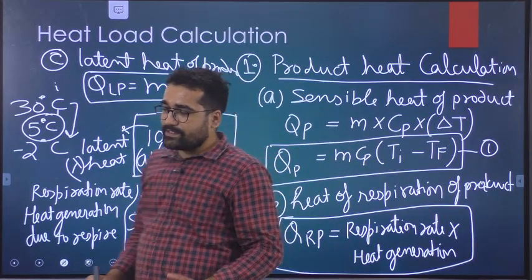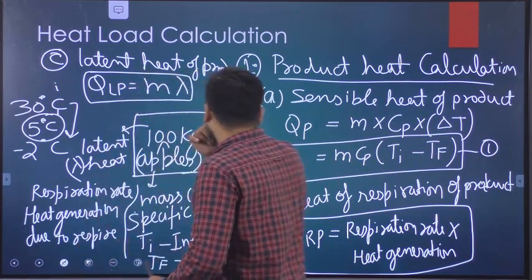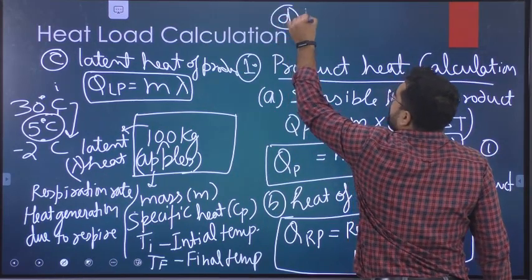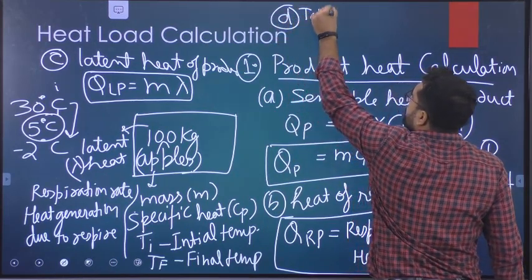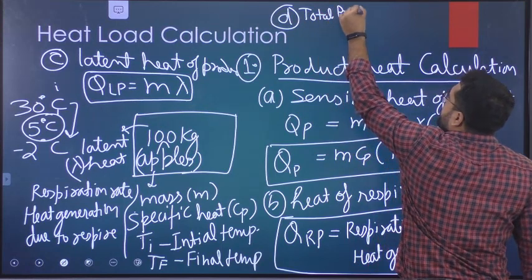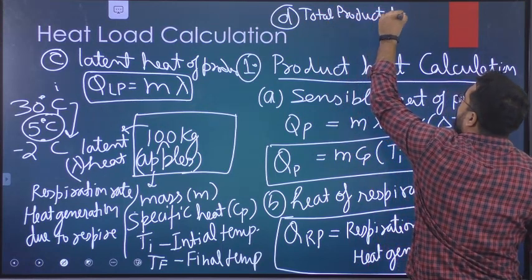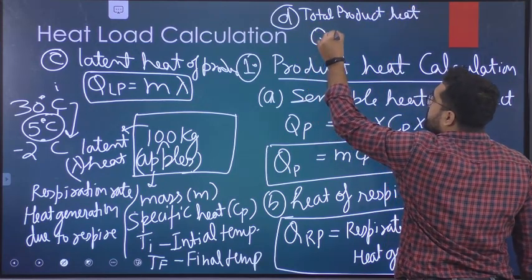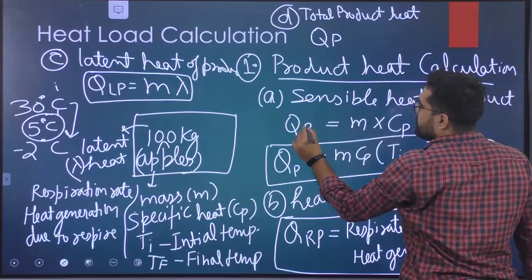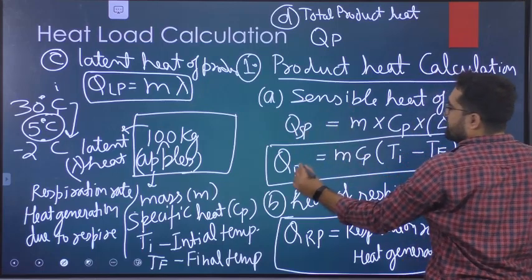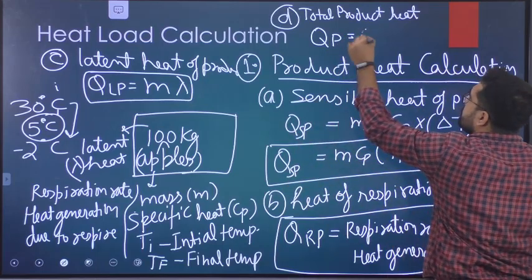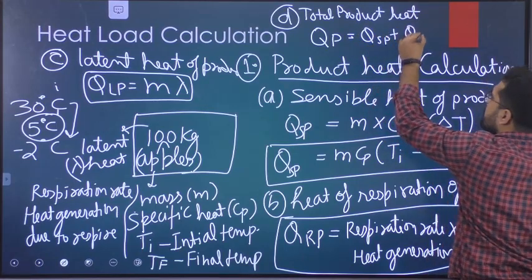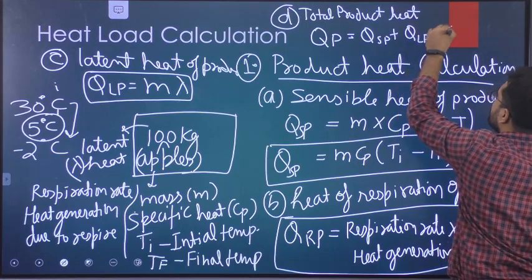After determining all the heats, the total product heat QP equals QSP, the sensible heat, plus latent heat of product plus respiration of product.